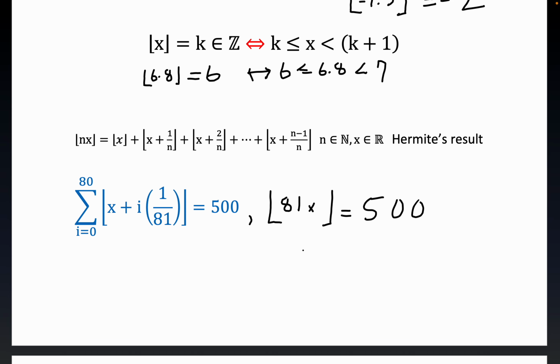If you take a look at this result right here, it is saying that 500 is less than or equal to 81x. We're just using the definition of the floor function right here.